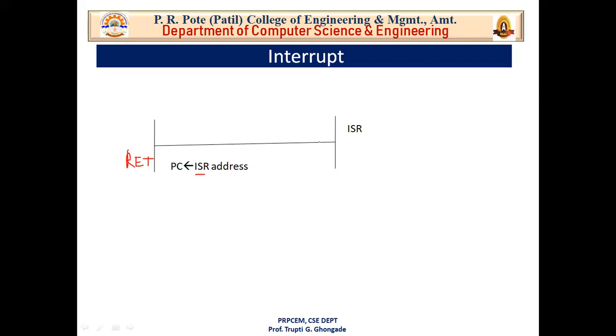To go to the ISR, your PC will get the ISR address, and coming back to the main program, PC will get the return address.